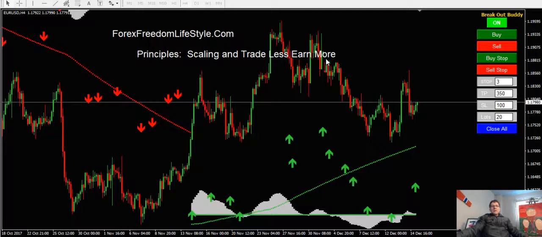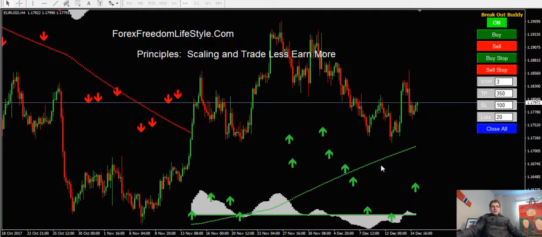When we implement the trade that we're going to do here, we may be in for several days, weeks, could even be in it for months. But it's relatively easy to implement and allows us to scale and trade less and earn more. So let's just talk about this chart and then we'll actually put on a trade.